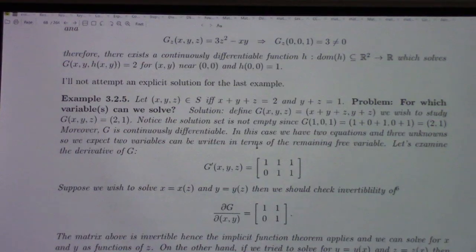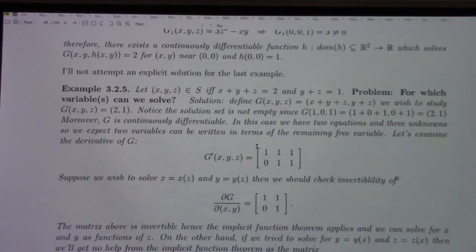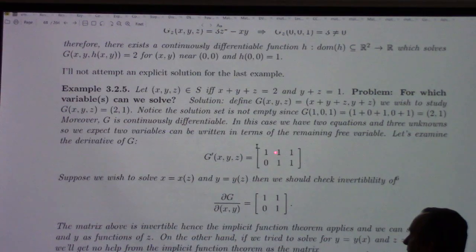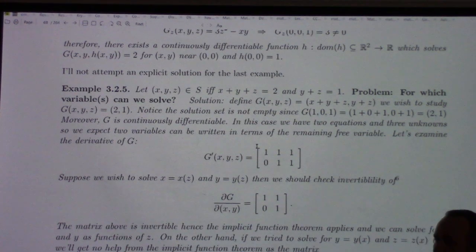Can I solve for x as a function of y and z? I cannot do that, because the y-z columns, if I look at those as a 2 by 2 matrix, are not invertible because the columns are linearly dependent. If they have the same column, you can't invert it. The determinant of this piece is 0.